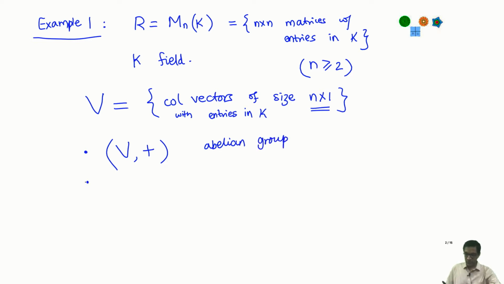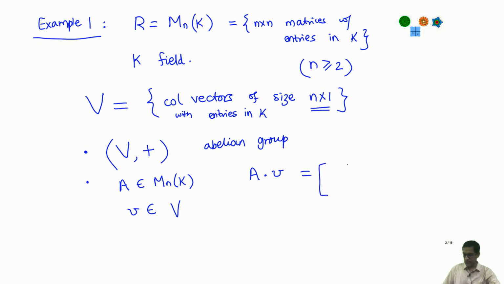But what I want to do is to define my matrix multiplication. So let me take a matrix A in M_n(K), in my ring R, and I should take an element v from my module. It's a column vector. Now I have to tell you how to define the scalar multiplication of A with the element v of the module. Now there's only one obvious thing we can do here.